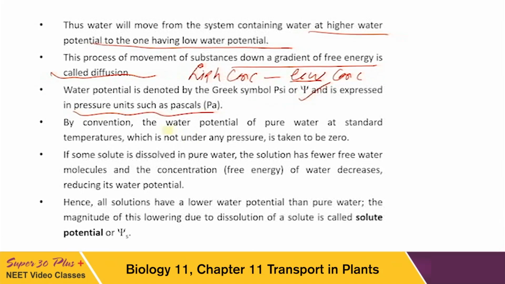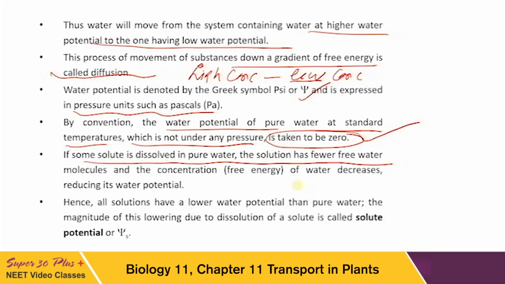By convention, water molecules of pure water at standard temperature, not under any pressure, are taken as 0. Very important point. If some solute is added to pure water, what happens? The kinetic energy of the system will decrease and water potential will decrease.